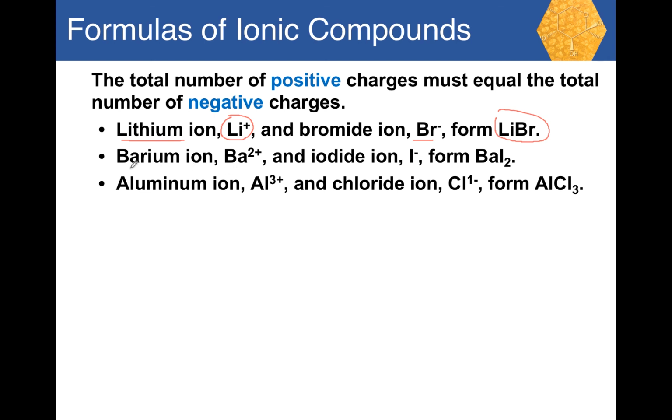An important aspect here, try and find barium on your periodic table. It's down at the bottom, but to the left, and it's in column 2. So that indicates that it would want to give up 2 electrons to form Ba2+.